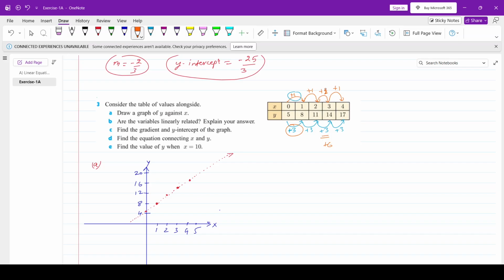So by this way, we can say that yes, variables are linearly related.